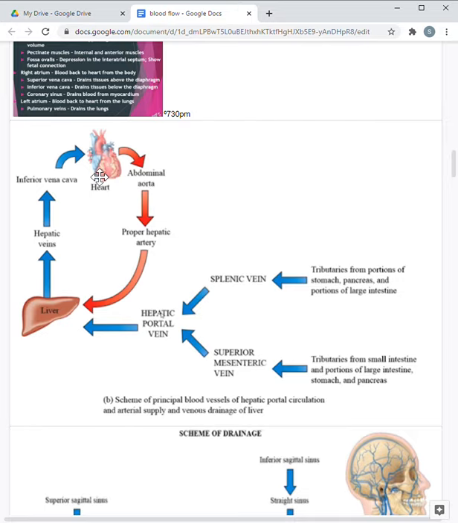The hepatic portal system, that is different. This is where the wastes and the nutrients and everything that is coming from your stomach, pancreas, and your large intestine, also your small intestine, those are going to drain into, depending on where they are in the digestive system.